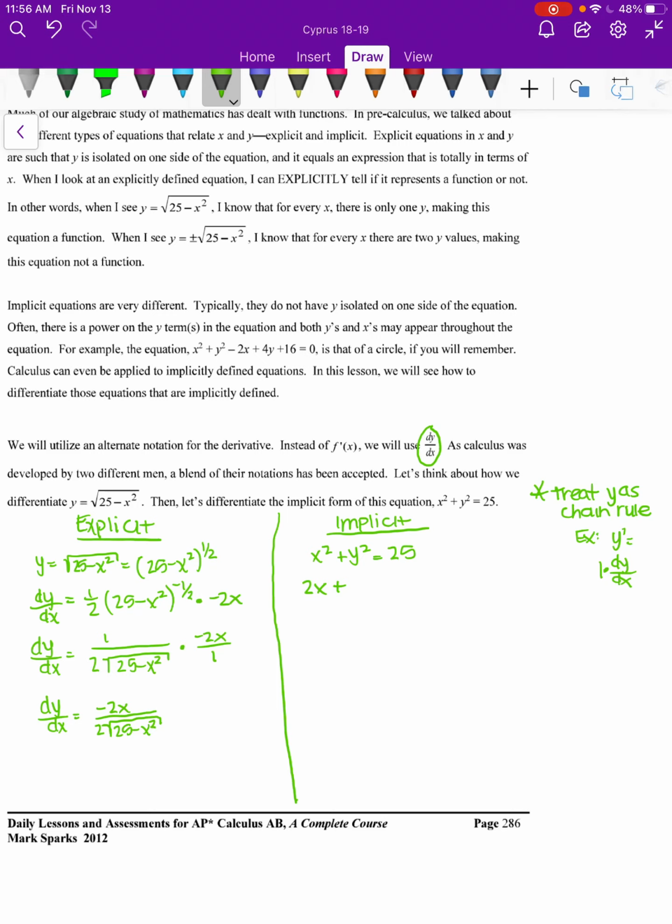Like with an x, it would be 2, the power rule, bring that power out front, but the inside function, because we're doing a chain rule, is y, and then times the derivative of the inside. So whenever we have y, when we take the derivative, we're also going to see dy dx. Equals, and then we take the derivative of the other side as well. The derivative of 25 is 0.